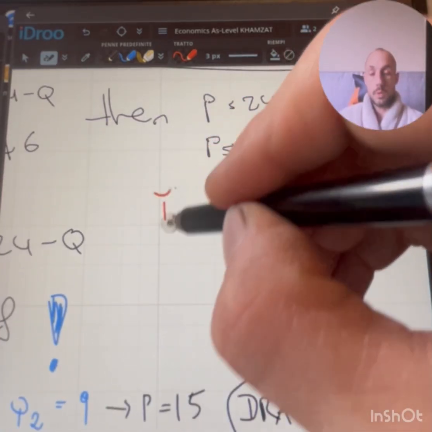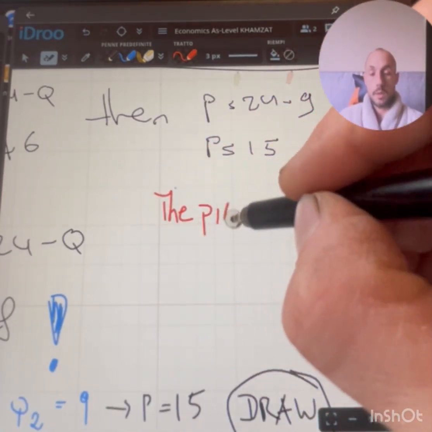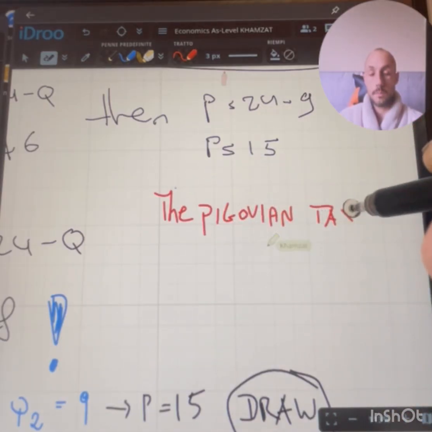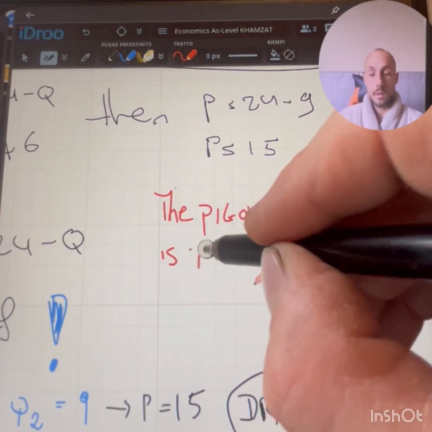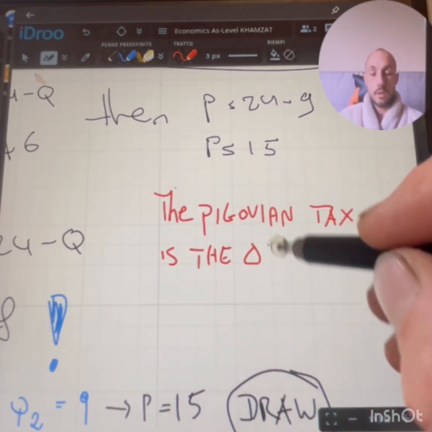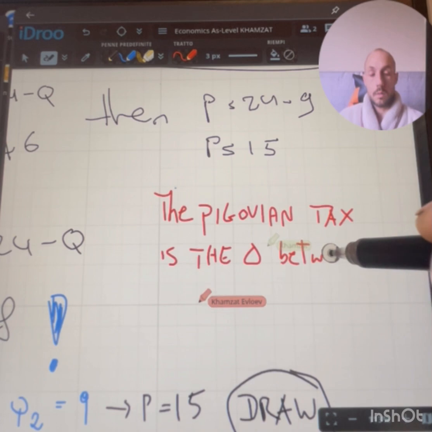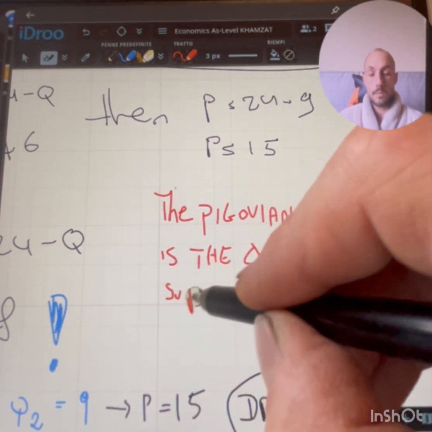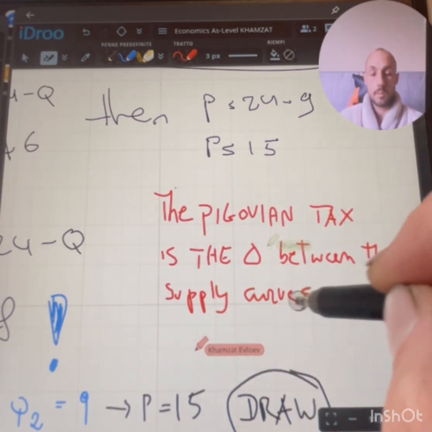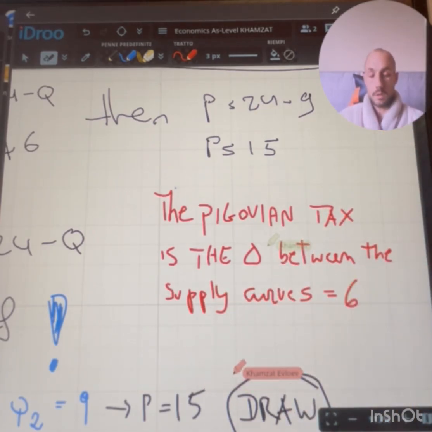So the Pigouvian tax is the difference between the supply curves, and this is equal to 6.